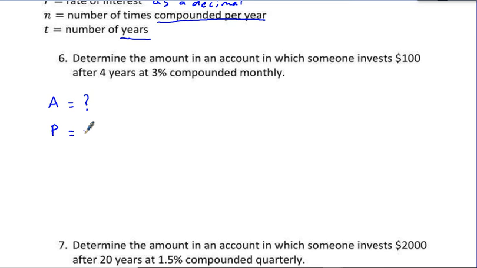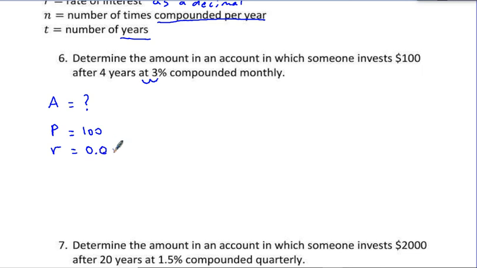If I invest a principal of $100, that's the starting amount, at a rate of 3%. Remember, I said that has to be written as a decimal, and we take percents and move the decimal 2 to the left to write that as a decimal.